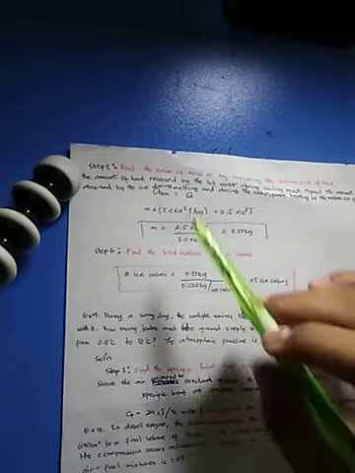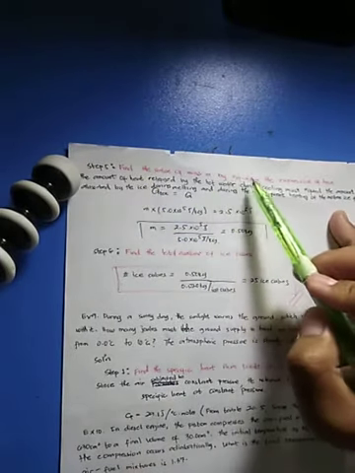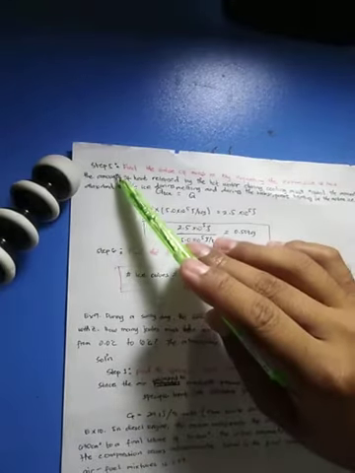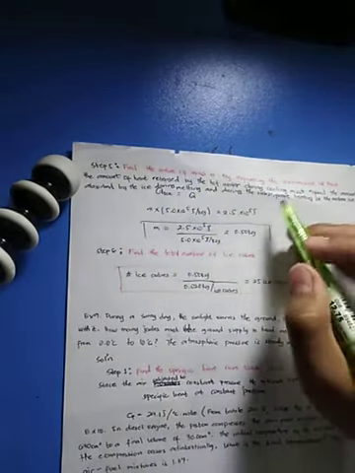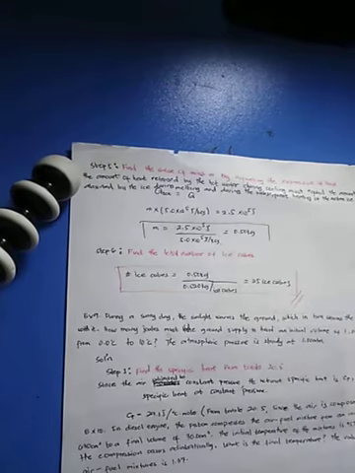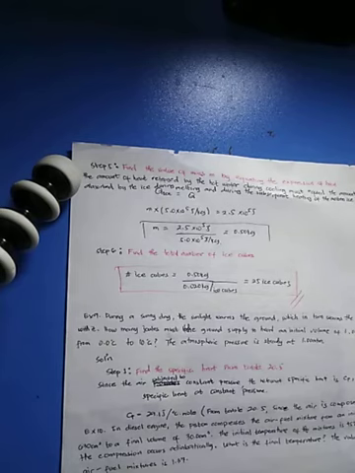Okay? So sabi dito for step number 5, find the value of mass M by equating the expression of heat. So sabi dito, the amount of heat released by the water during cooling must equal the amount of heat absorbed by the ice during melting and during the subsequent heating of the molten ice from 0 degrees Celsius to 40 degrees Celsius. Ibig sabihin nun is yung heat na required by cooling of water from 100 degrees Celsius to 40 degrees Celsius is dapat equal sa heat na nakakailanganin para ma-transform natin yung ice from solid to liquid.